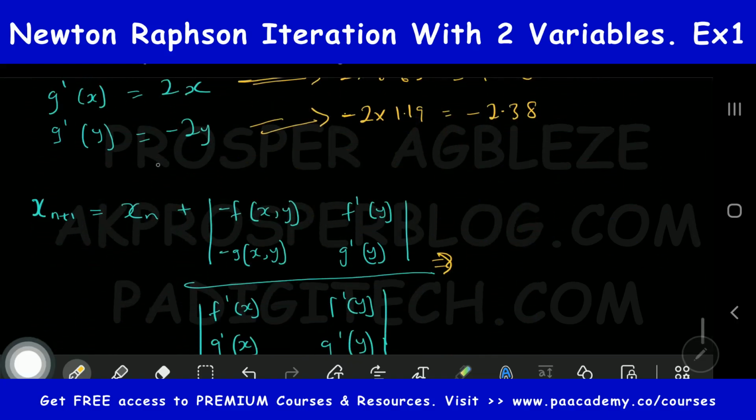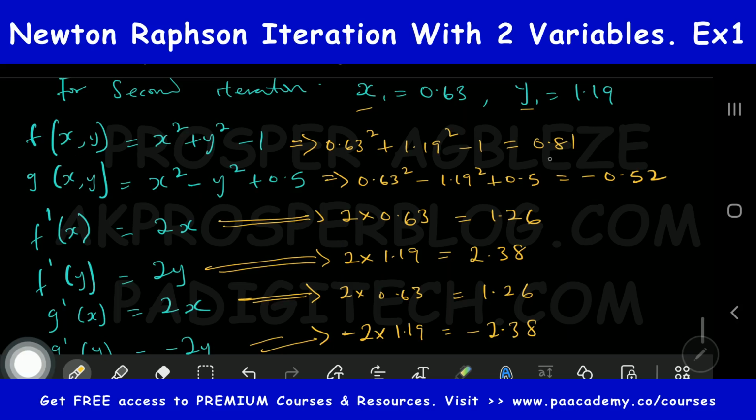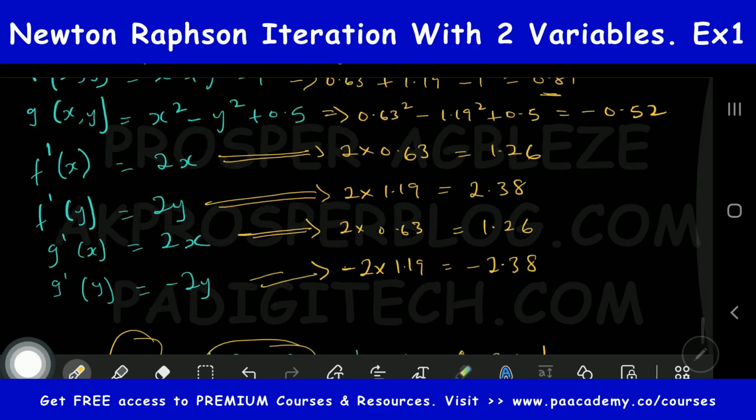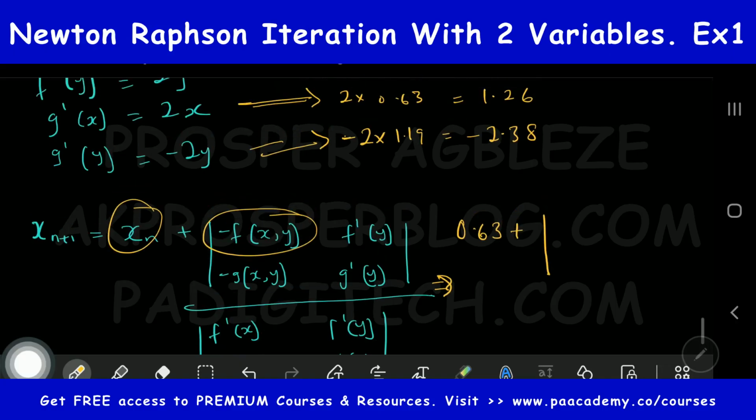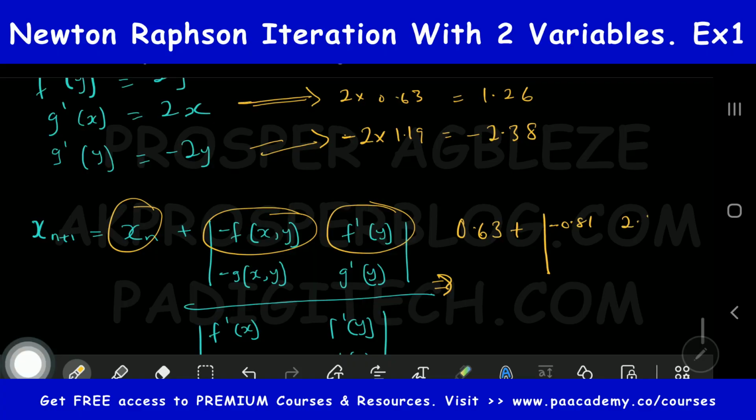So we are going to be having this xn right now will be 0.63 plus, okay, so minus this value f of x, y, which is this right here, but there's a negative, so that's going to be minus 0.81. So f prime of y, which is 2.38.